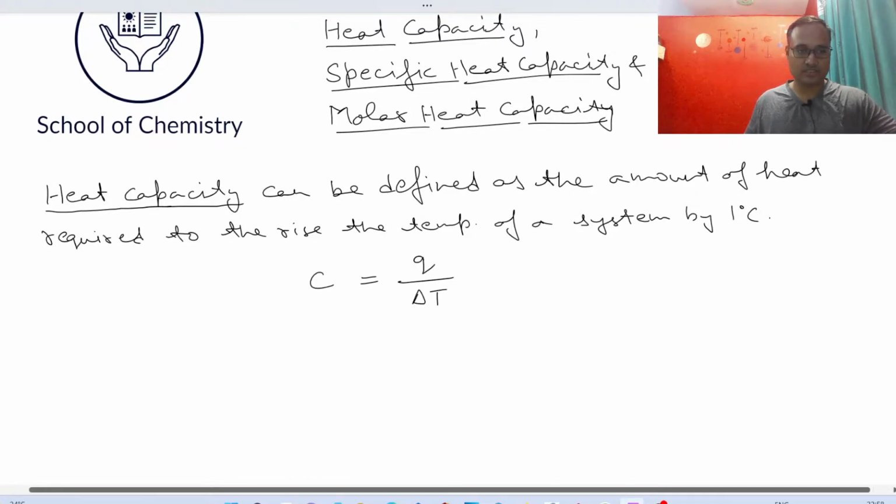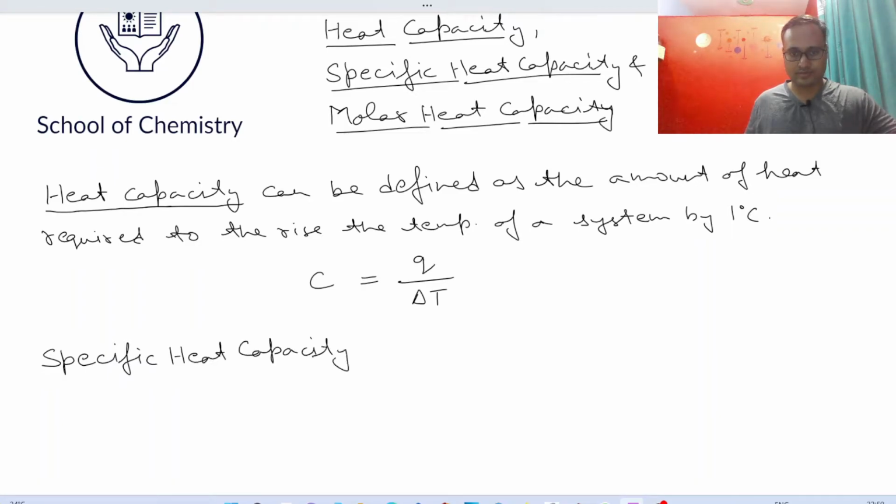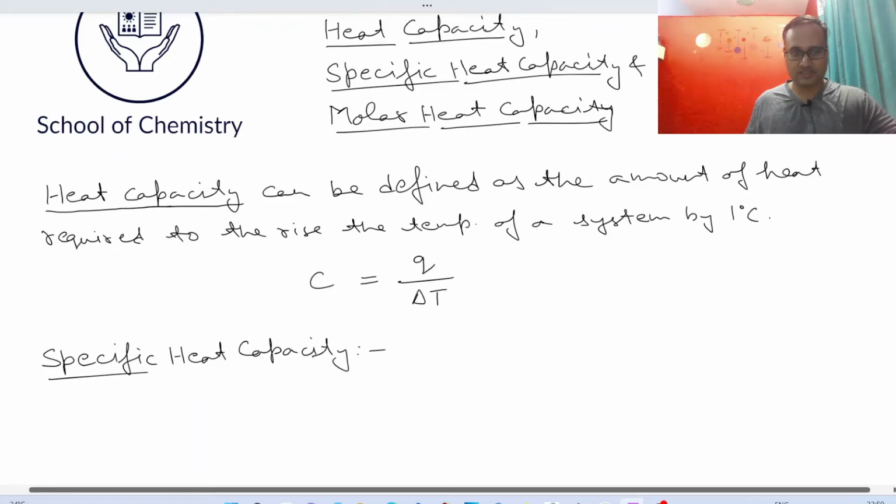Second thing is the specific heat capacity.